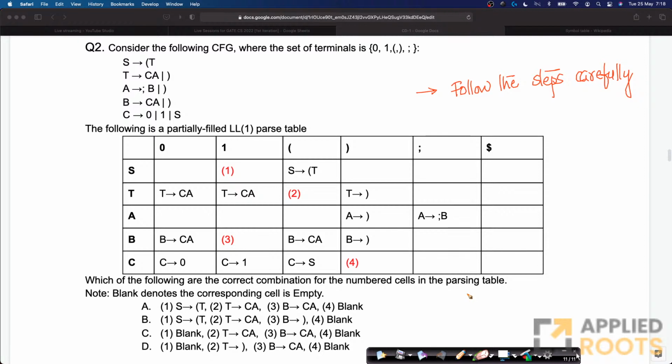Yes, somebody is asking, can we just use brute force? Yes, you have to, because it could so happen that some of these options are given tricky. So follow the steps carefully. Brute force is what you do, right? How do you construct a parse table? You have to go through the steps. There is no other way.